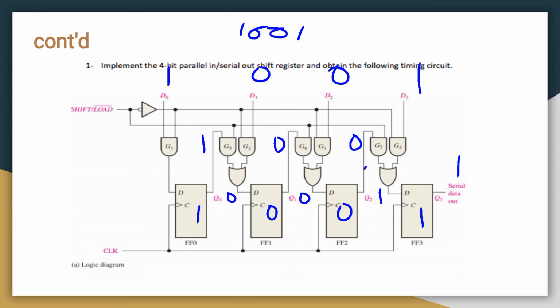So these are the considered content for the next shift. So now the shift is equal to 1.